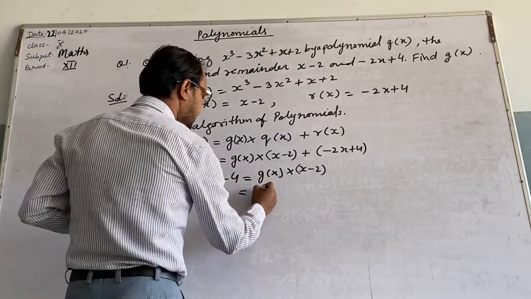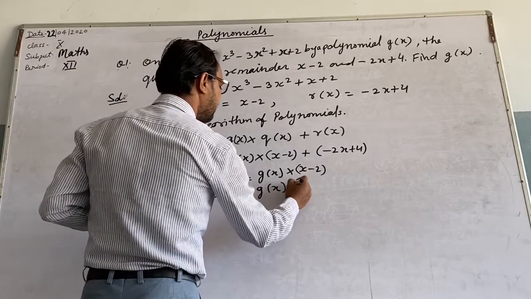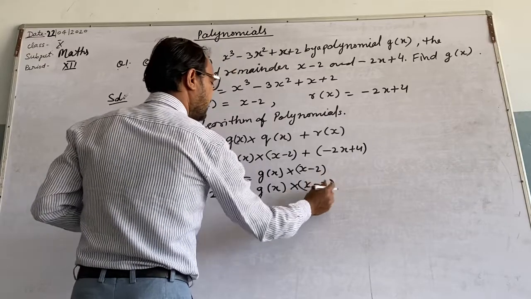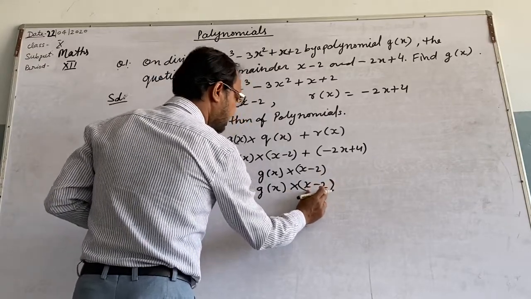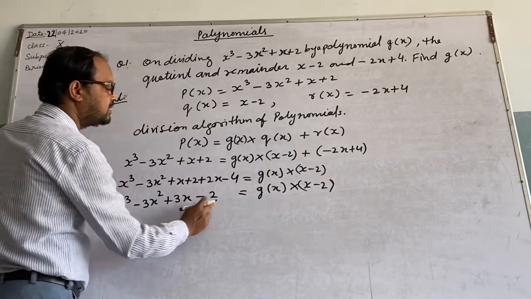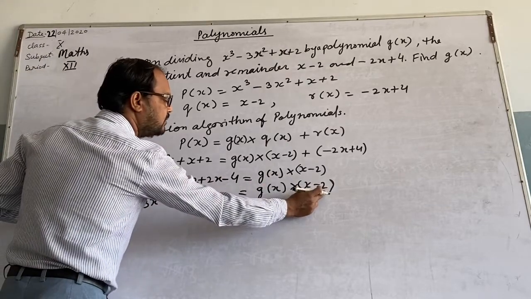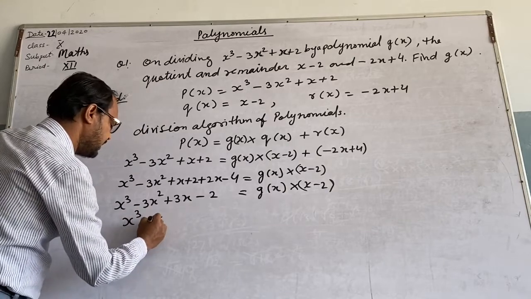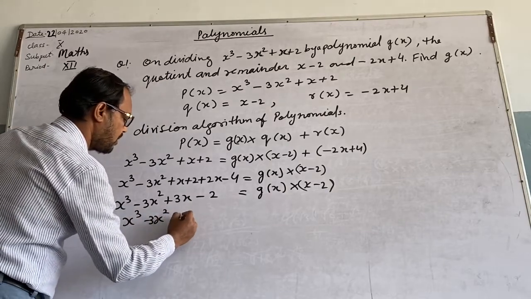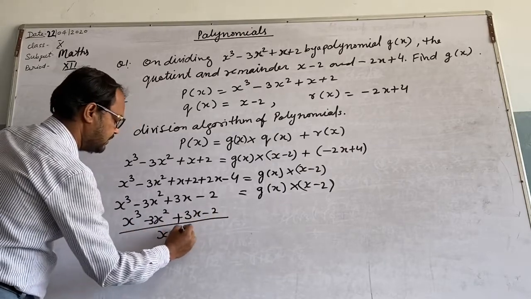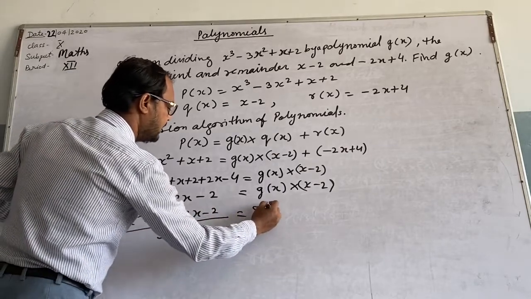And write g(x) into x minus 2 as it is. By cross multiplication, x minus 2 goes in the denominator, so it is x minus 2 equal to g(x).